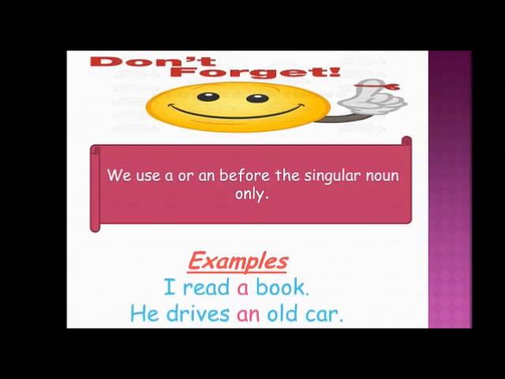Examples: I read a book. He drives an old car. As you notice here, the word book is singular and the phrase old car is also singular. Don't forget.